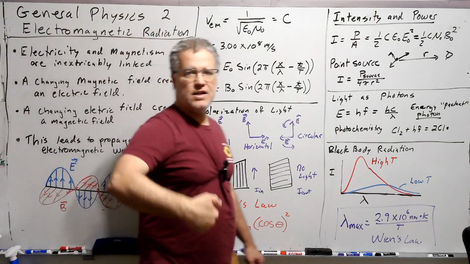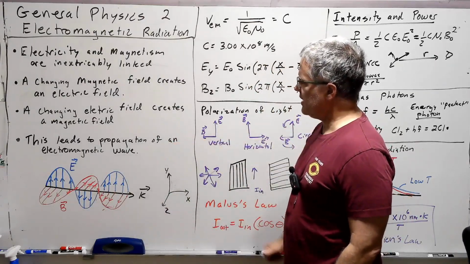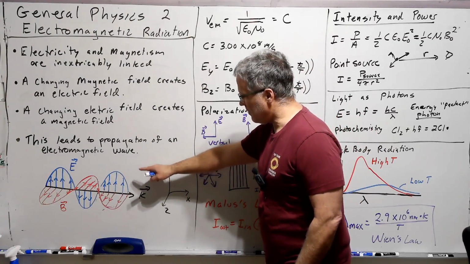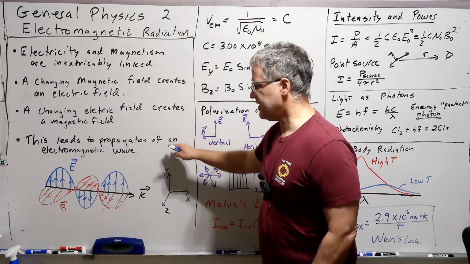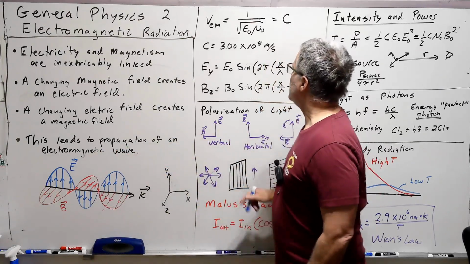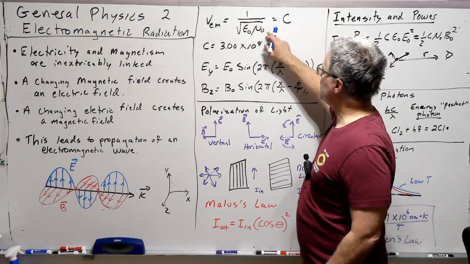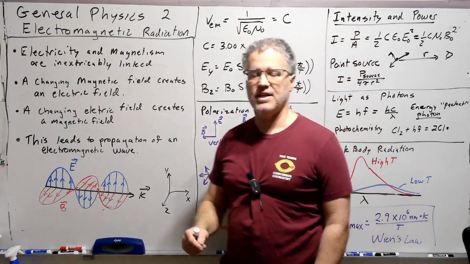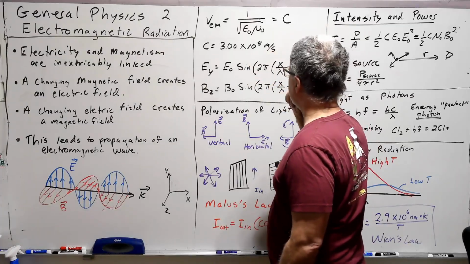So as our blue electric wave oscillates up and down in the board, the magnetic field oscillates in and out of the board. It propagates at the speed of light, and you can do a quick check here. If you do 1 over the square root of the permittivity of free space and magnetic permeability, you get the speed of light.